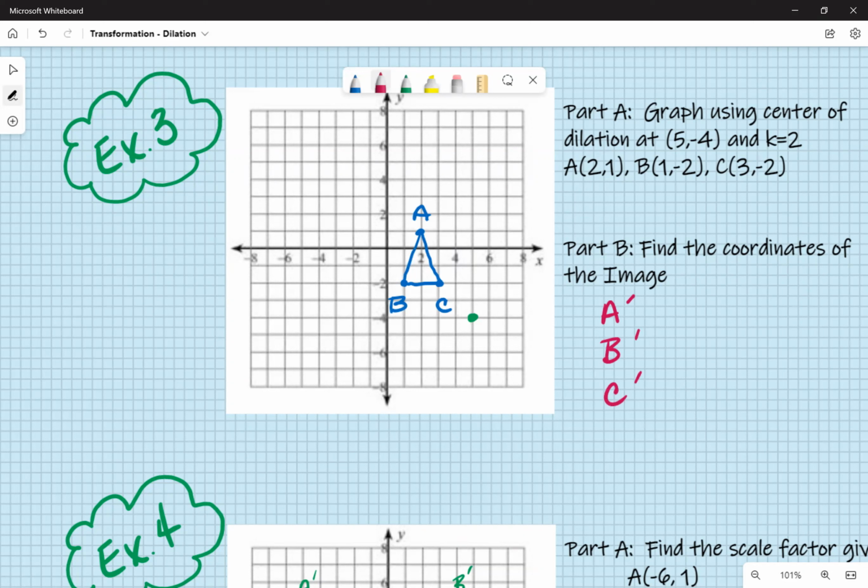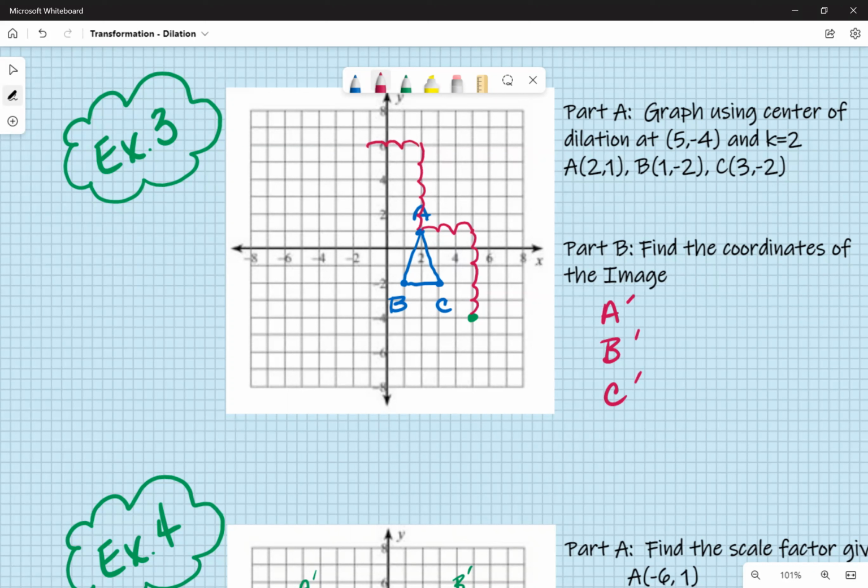From my center, I had to go up 1, 2, 3, 4, 5. So I know I had to go up 5, and then over 1, 2, 3. So that is one scale factor to get to A. So I have to do the exact same thing. I went up 5, 1, 2, 3, 4, 5, and then to the left 3, 1, 2, 3.